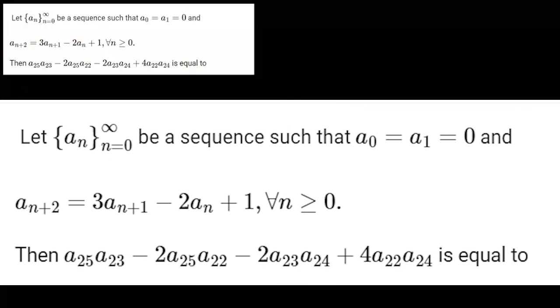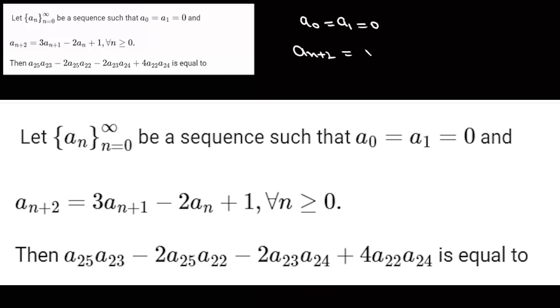Now here the question is, let A_n be a sequence such that A0 is equal to A1 and it is equal to 0, and we are given this recurrence relation, which is A(n+2) equal to 3 times A(n+1) minus 2 A_n plus 1.